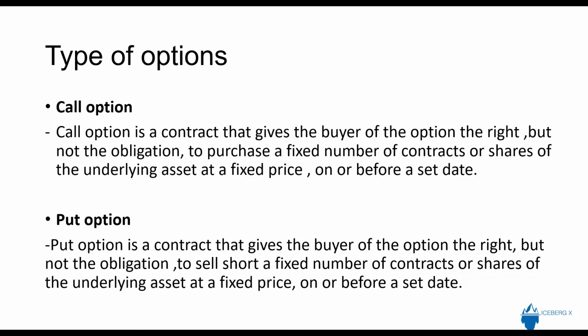Now, a put option, in other words, is a very good instrument for you to hedge your portfolio. For example, if you are holding a particular futures contract or basket or portfolio, and you want to protect yourself against any inverse movement in your portfolio value, you can always purchase a put option. You just pay the premium for it.